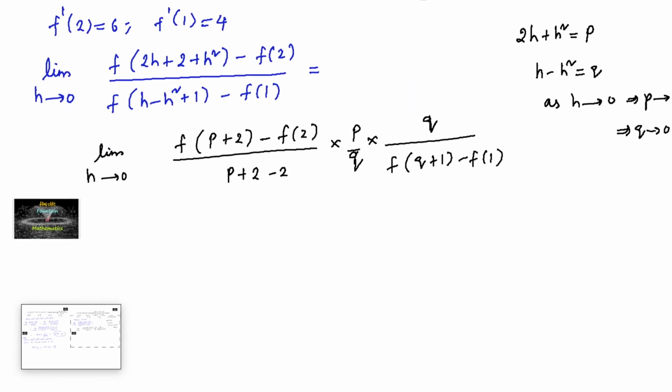So we can rewrite this problem as limit h tends to 0 of [f(p + 2) - f(2)] divided by [(p + 2) - 2], which is nothing but f'(2) as p tends to 0.